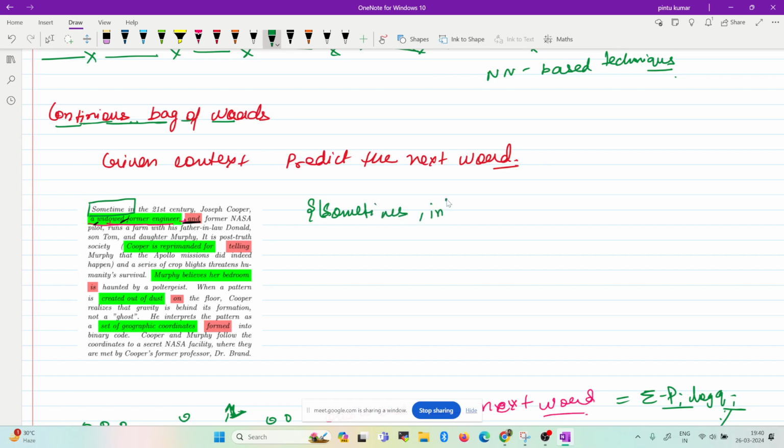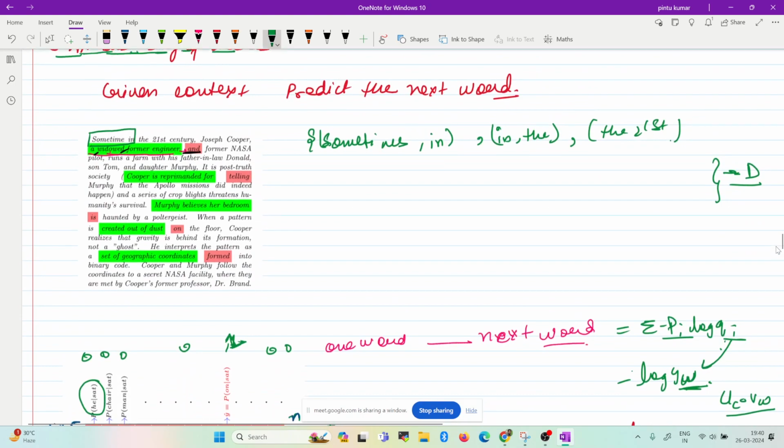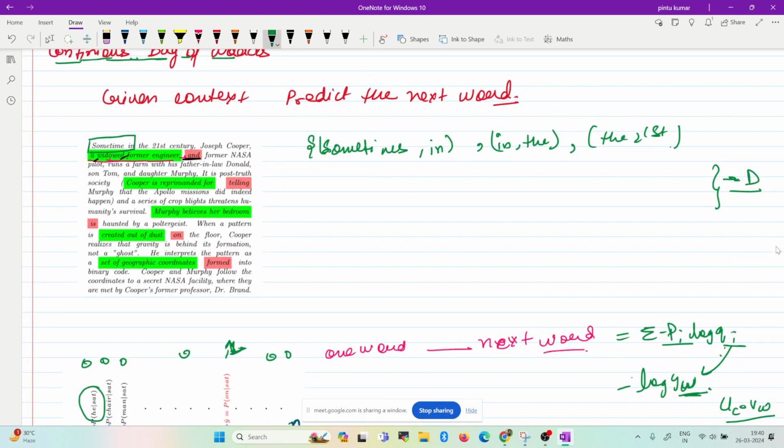Then you write in, the. Then the, 21st. This way you construct a dictionary, and you represent it by D. This D contains all pairs of words that are occurring together.